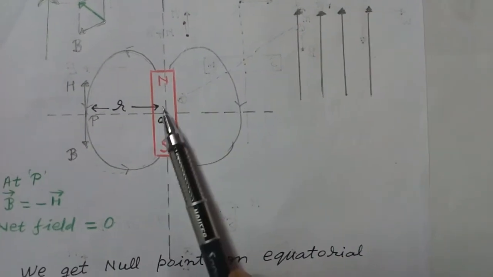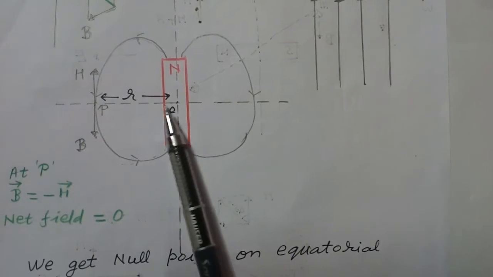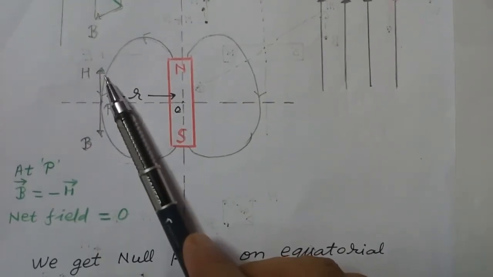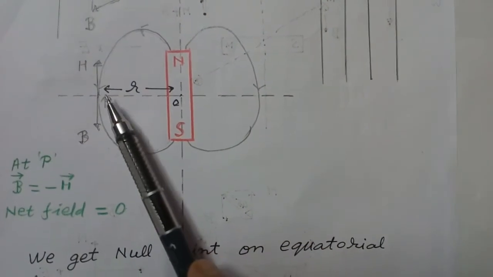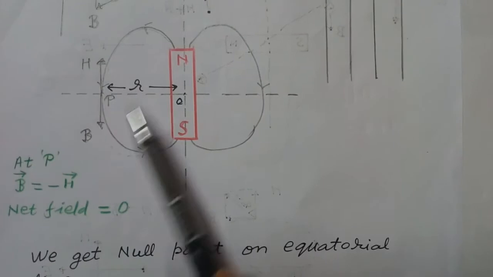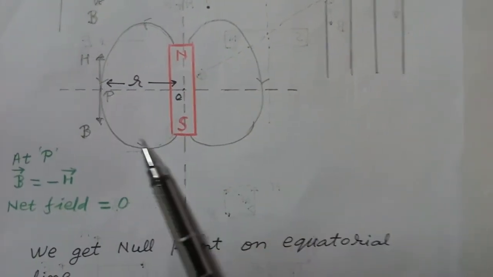Why? Because at a certain point P at a distance r from the center of the magnet, horizontal component of Earth's magnetic field H and magnetic field due to magnet are equal and opposite, because magnetic field lines emerge from north pole and terminate at साउथ पोल.